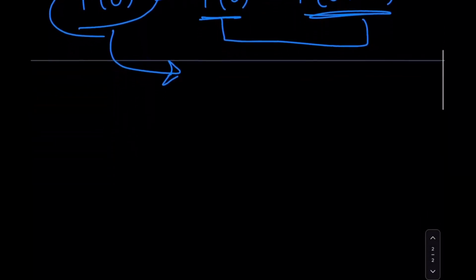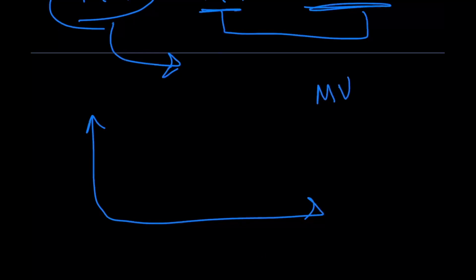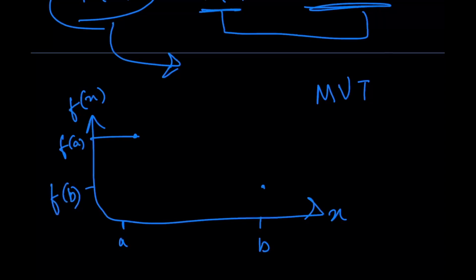So coming back to any simple continuous function, you guys must remember a theorem called the mean value theorem. For example, this is my function f of x, and this is x. So x equals a, x equals b. Let's say this is the value of f of a, and this is the value of f of b, and the function goes something like this.